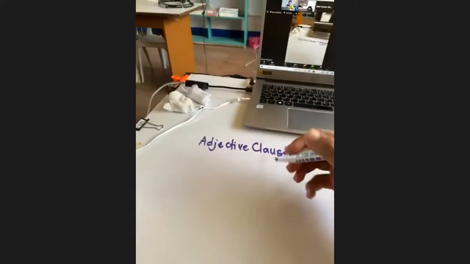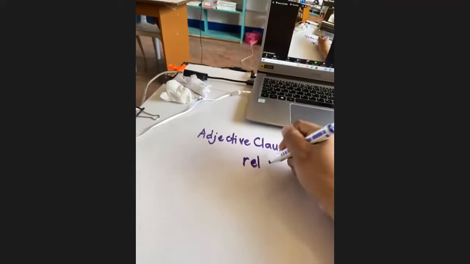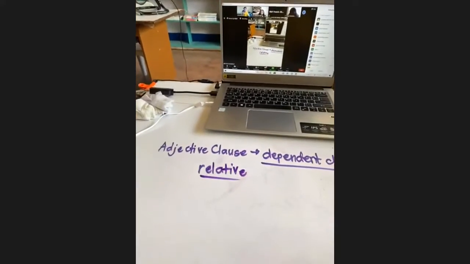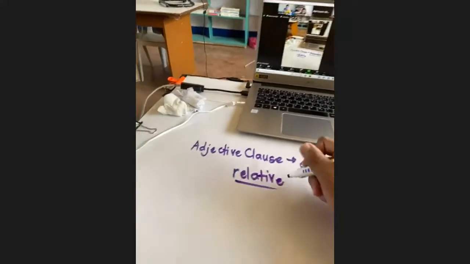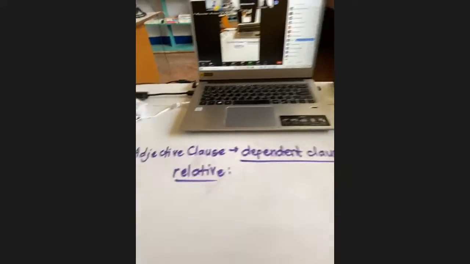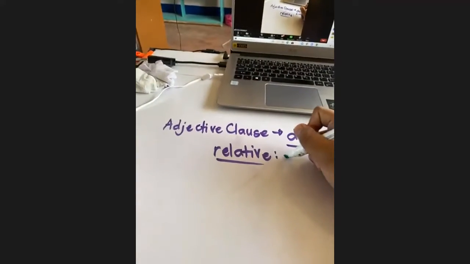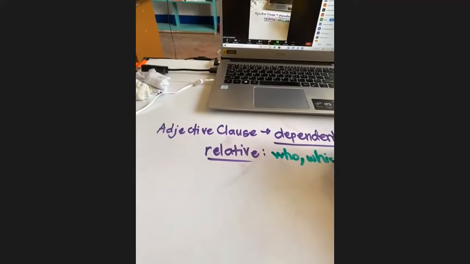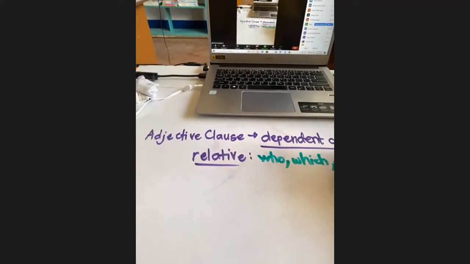Commonly for adjective clauses, we use relative conjunctions. Relative, just like your relative pronouns, where we have, I'll use another color, the most common ones, which are who, which, that.